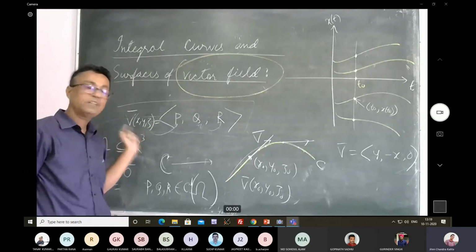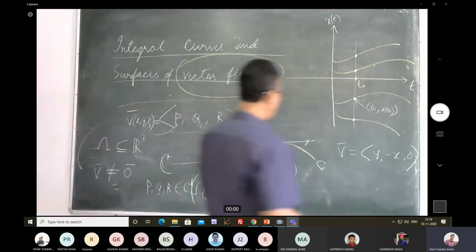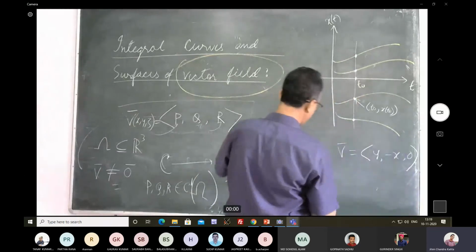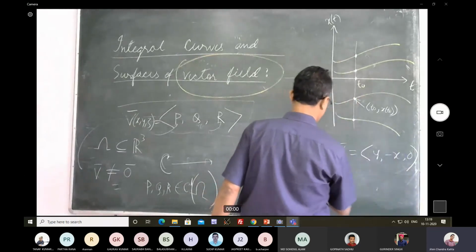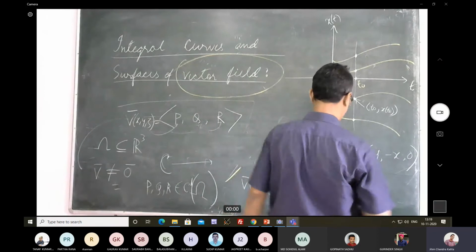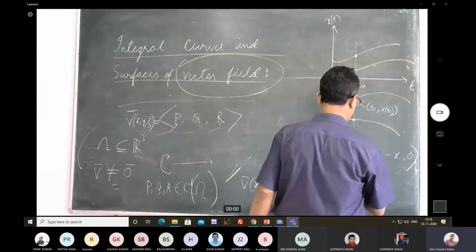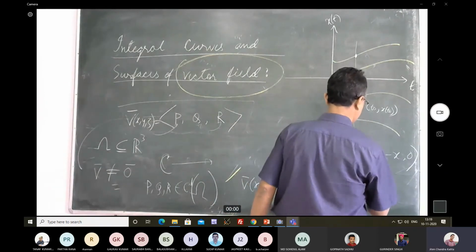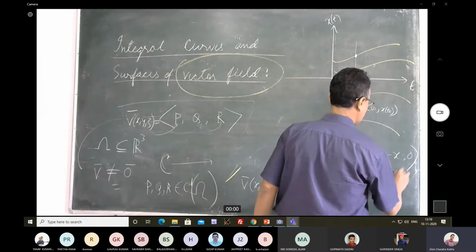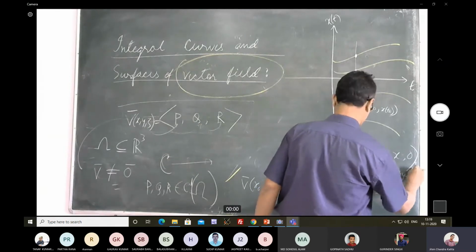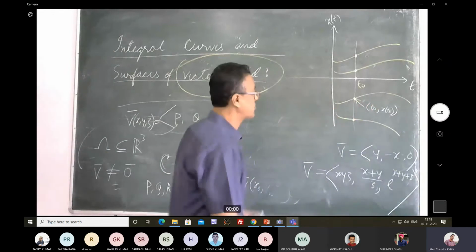Is it okay? Fine. What about this? Again, I have taken all these examples from earlier. Suppose I have this vector field.